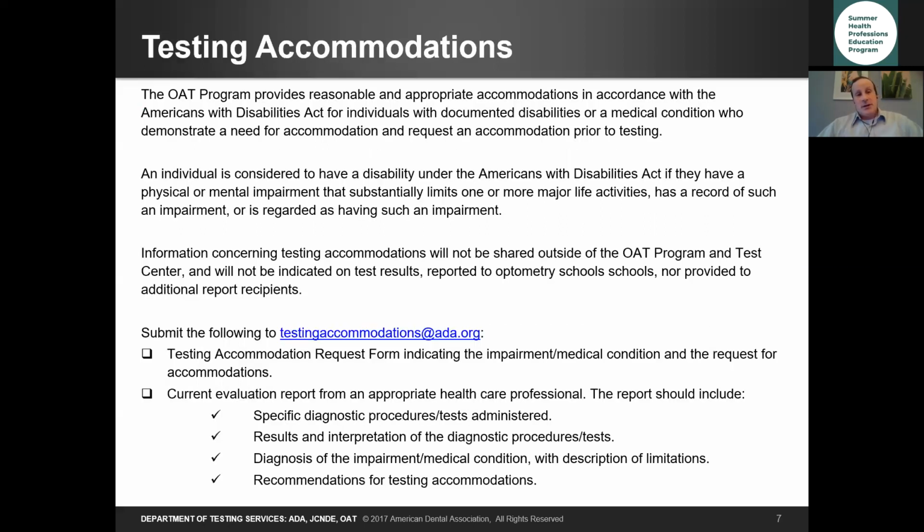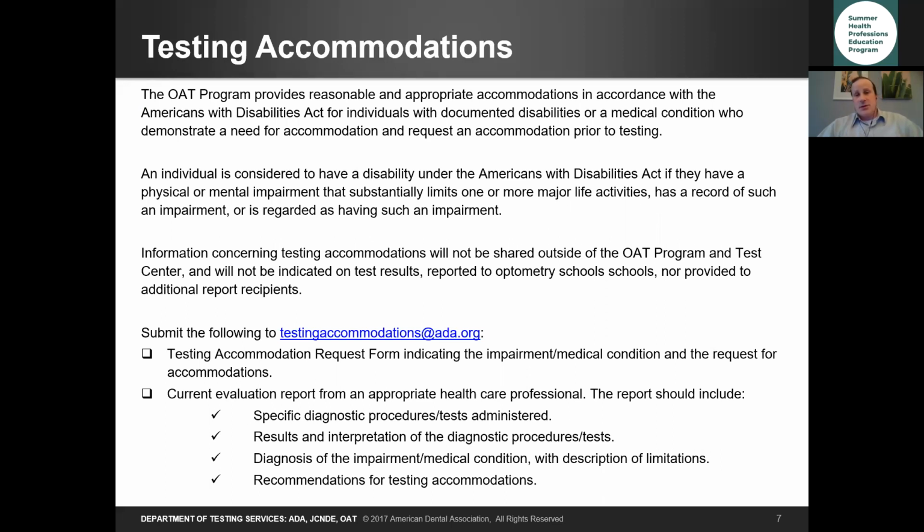The Optometry Admission Testing Program provides reasonable and appropriate accommodations in accordance with the Americans with Disabilities Act. This means that if you require accommodations outside of normal testing procedures for a disability or an impairment that is confirmed by documentation, we will provide that.